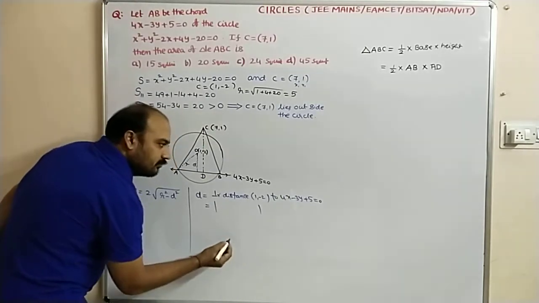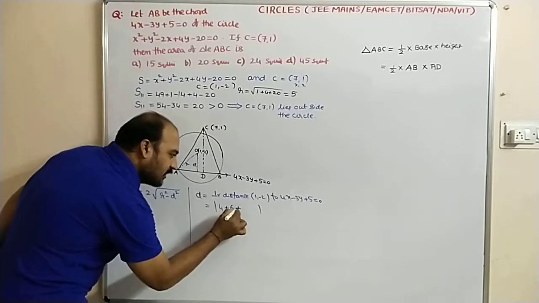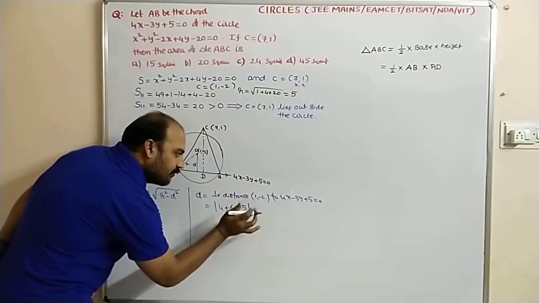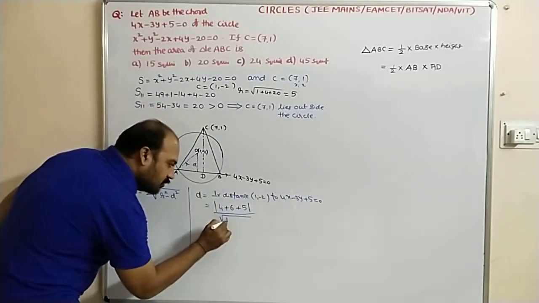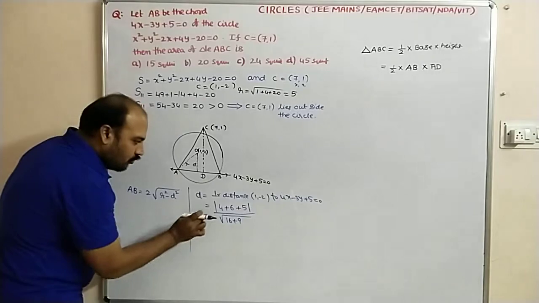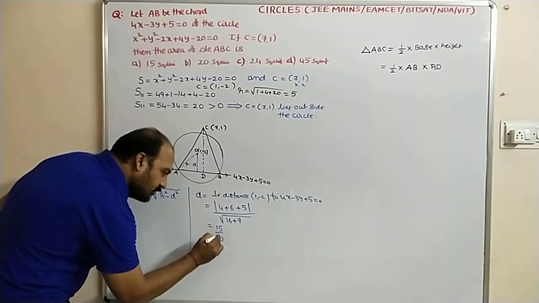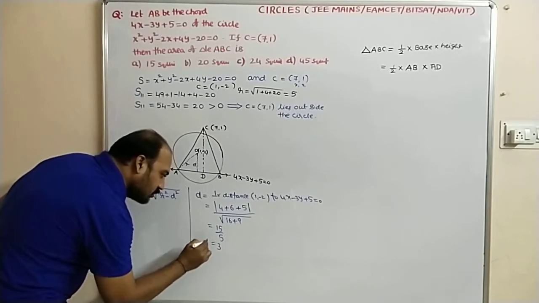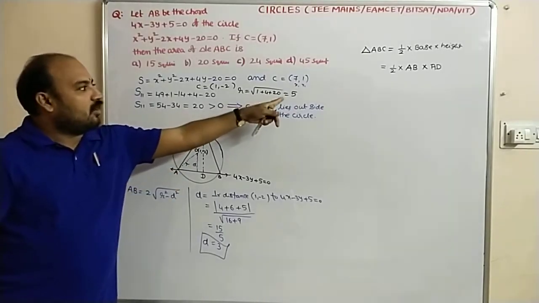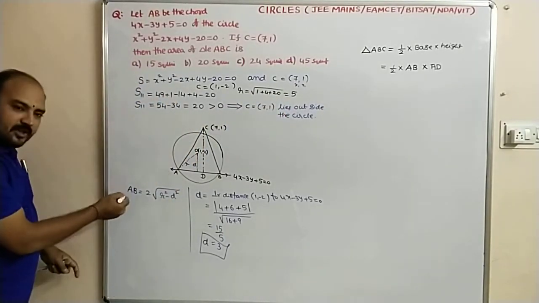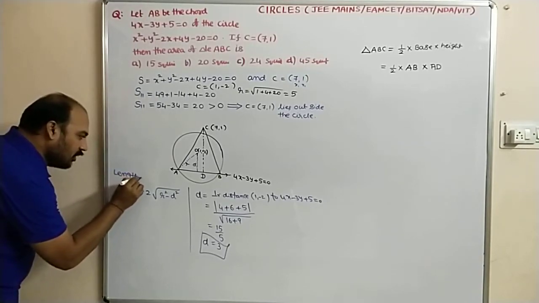So mod, in place of x comma y put 1 comma minus 2: 4 plus 6 plus 5, divided by the square root of x coefficient whole square plus y coefficient whole square. 4 plus 6 is 10, 10 plus 5 is 15, 15 divided by root 25, which is 5, which is equal to 3. So the D value is equal to 3. The R value we got already, R is equal to 5. Now substitute in the formula for the length of chord AB.